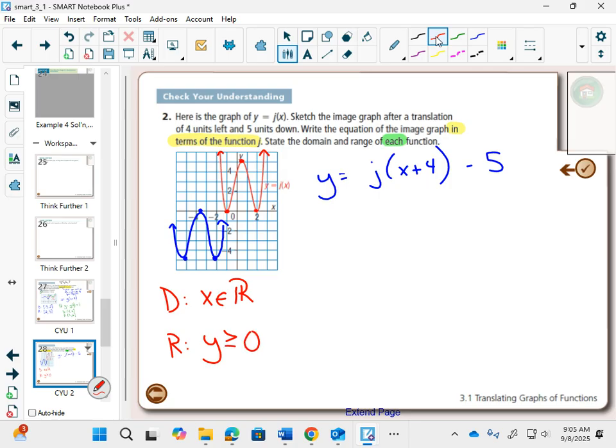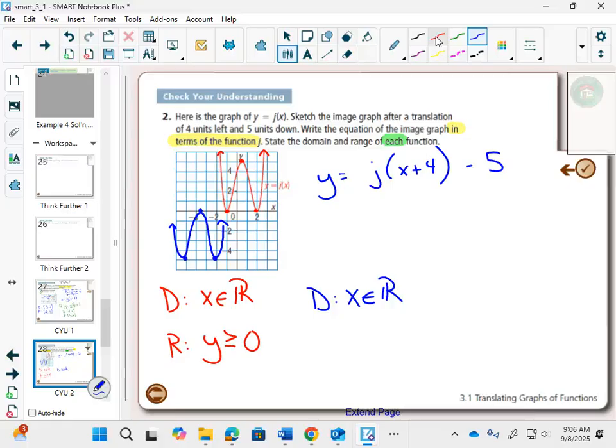So I'm using set notation here. And then for my new graph, the domain is still everything. I can see that from the graph. Because usually when I'm doing domain, I ask, is there a smallest x value to start with? And the arrowhead here means it goes up forever and to the left forever.